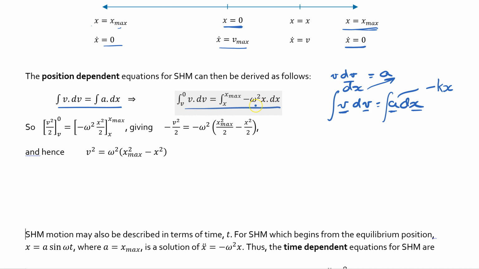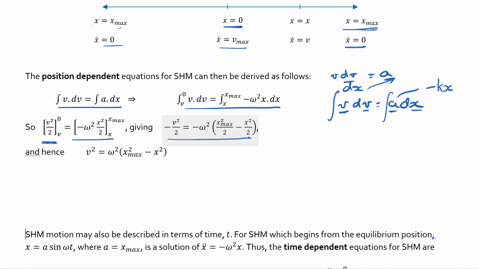So when I carry out this integration, I've got v squared on 2 from v to 0 minus omega squared x squared on 2 from x to x max, and when I do that I get this expression here.